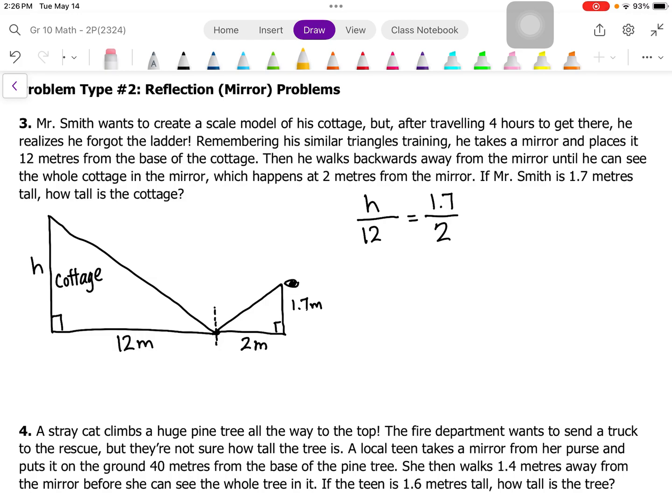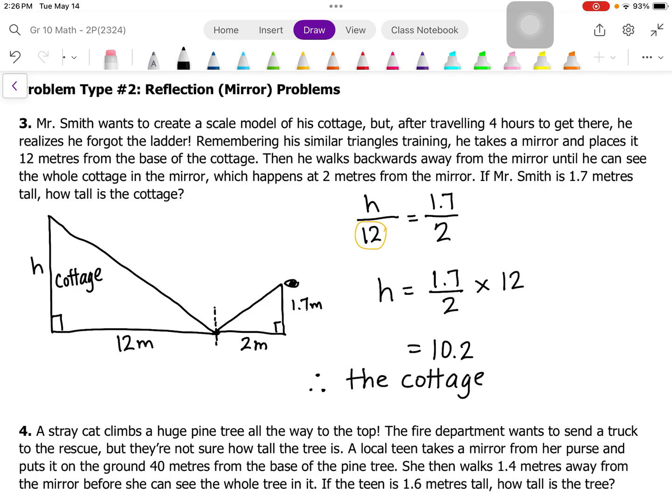So to solve for his height, we need to isolate the height by moving that 12. So height is equal to 1.7 divided by 2 times 12, and that is equal to 10.2. So therefore, the cottage is 10.2 meters tall.